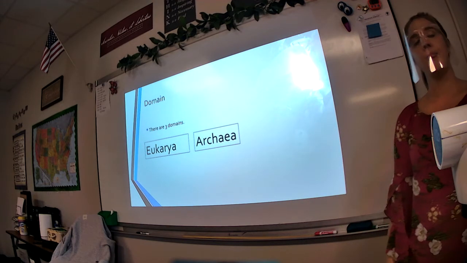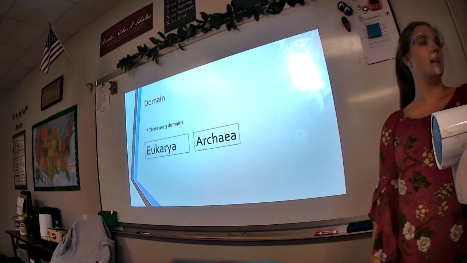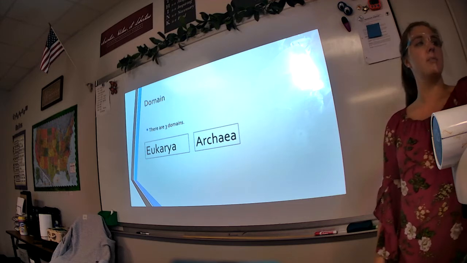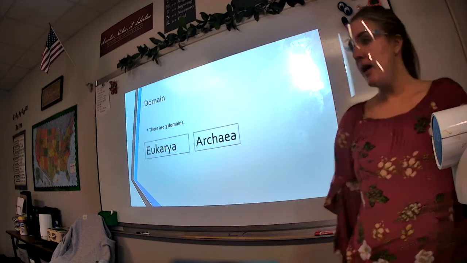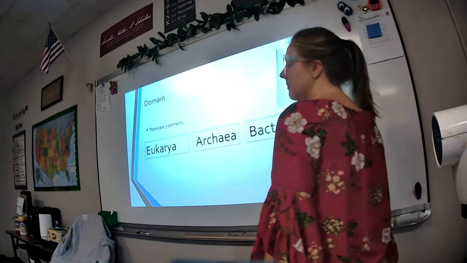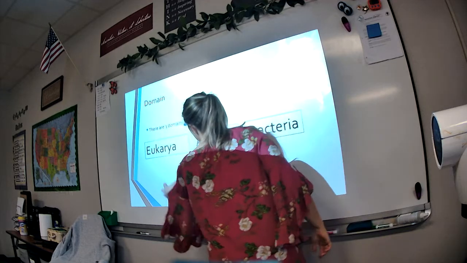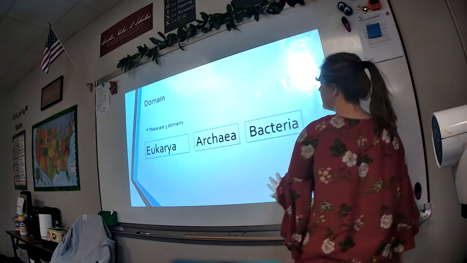Riley? And, on the table. You can get it if you need it. And then the furthest right column is bacteria. So you should have this column labeled eukarya, the middle column is archaea, the far right column is bacteria.